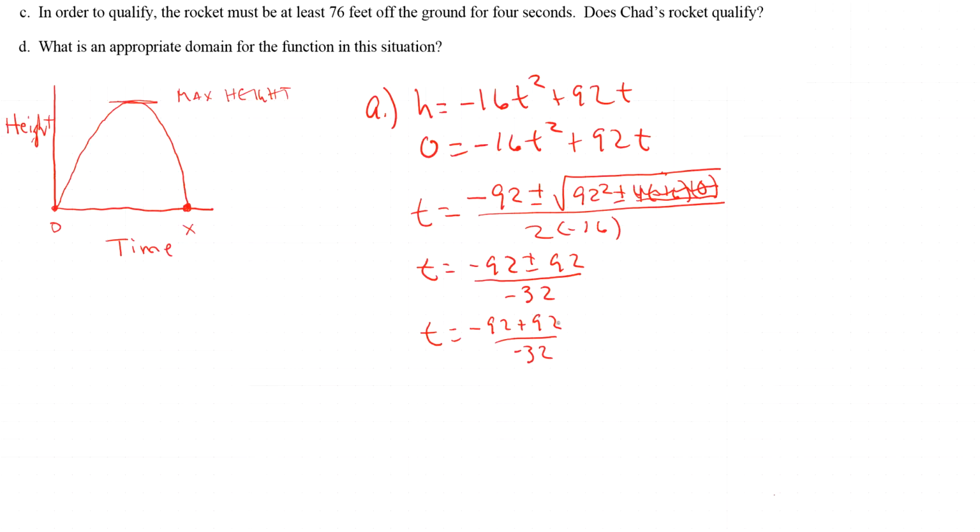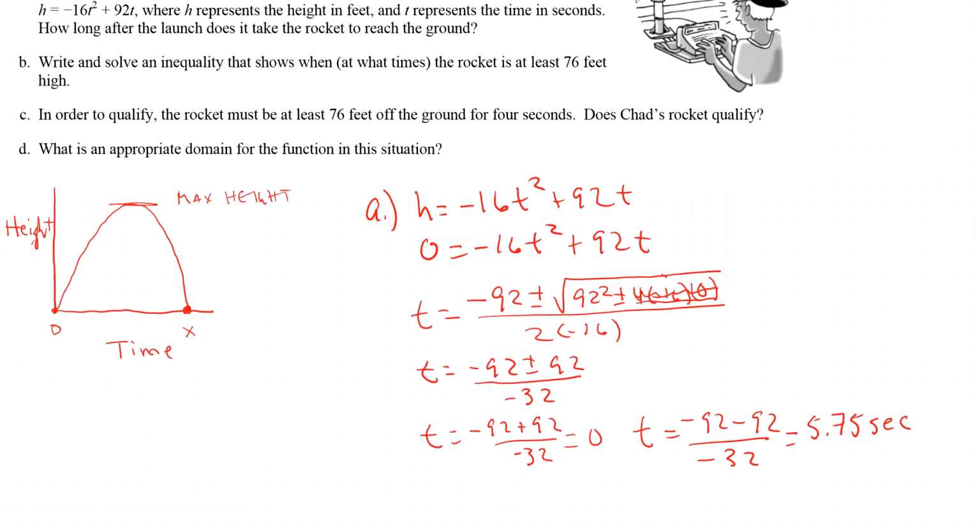So that's going to be 0 divided by negative 32, which is 0. And then t is going to equal negative 92 minus 92 divided by negative 32. And when you do the math on that, that's going to be 5.75 seconds.